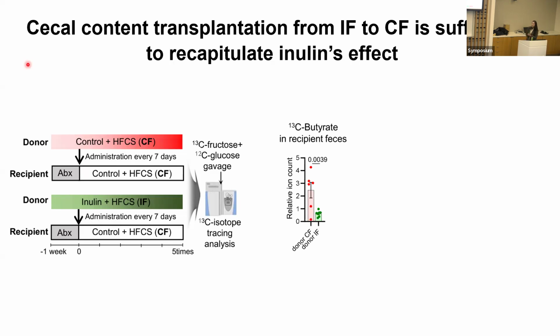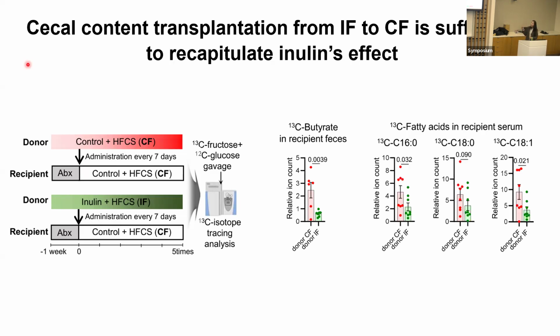We found that this fecal content transplantation blocked the fructose spillover to the colon, even though these recipient mice have not eaten the inulin diet. Also, the labeled fatty acid, which can indicate the lipogenesis level, is suppressed by inulin supplementation.